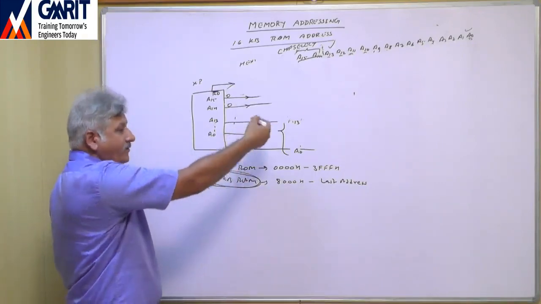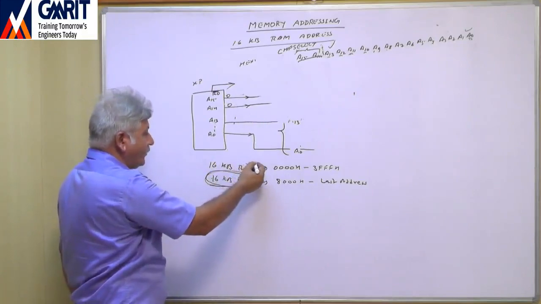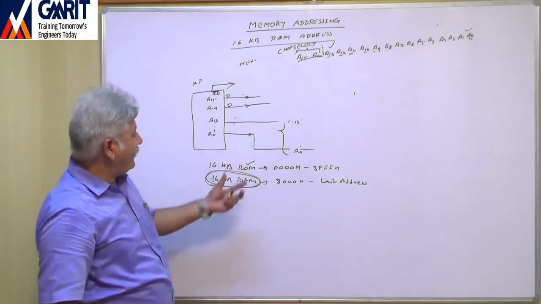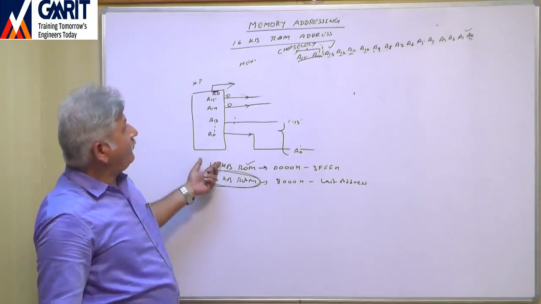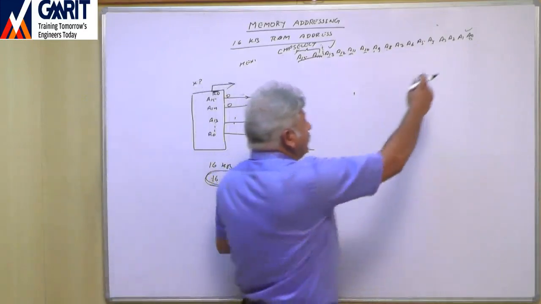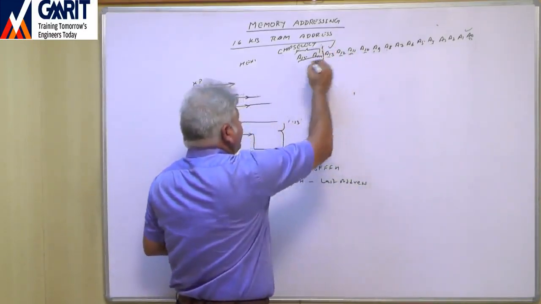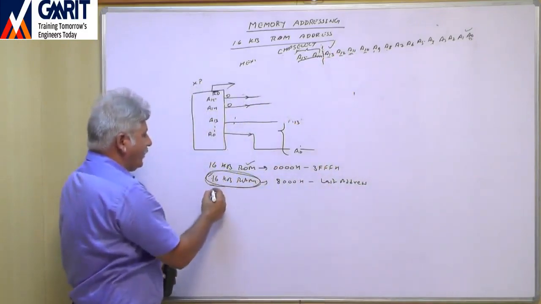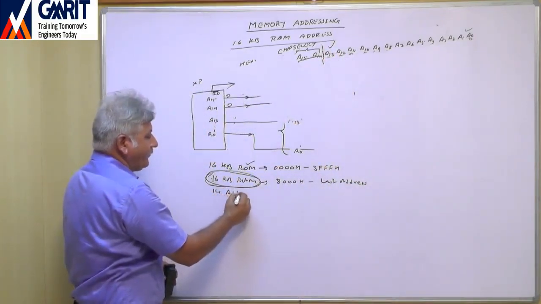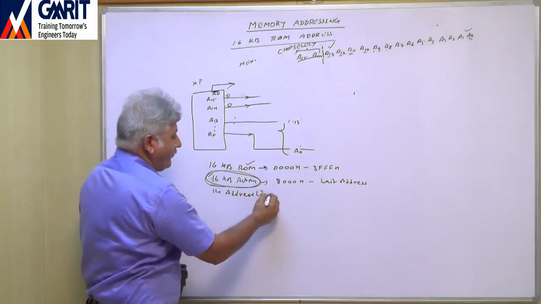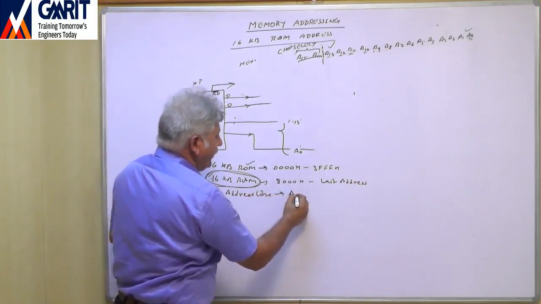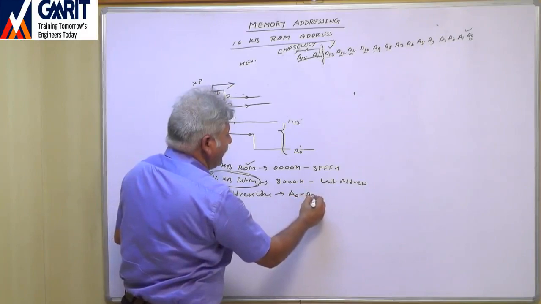Just now, in the case of ROM, we calculated that for the 16 KB ROM, we require A0 to A13, total 14 address lines. So in the same way, in this case also we require total 14 address lines, that is from A0 to A13.